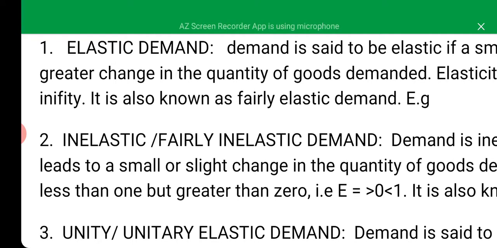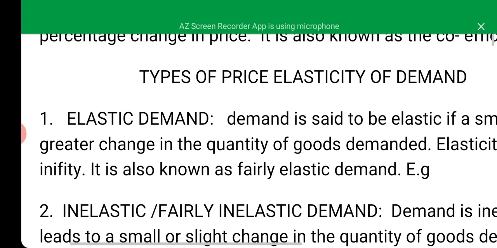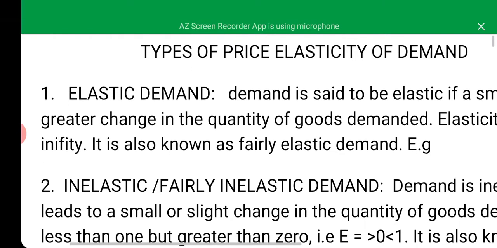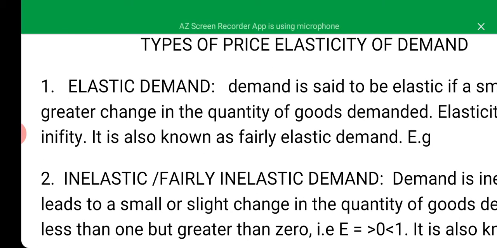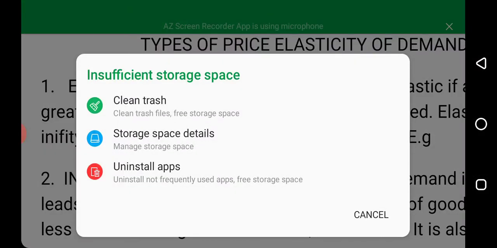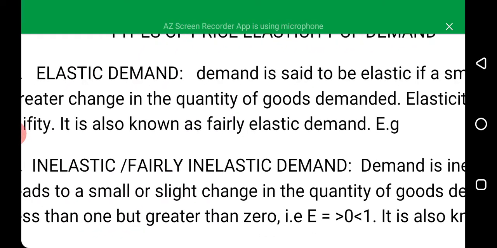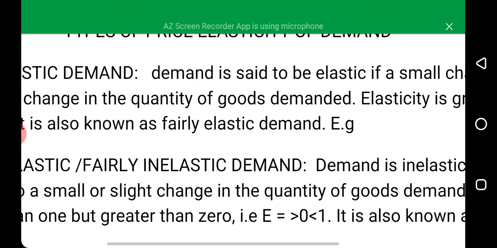So elastic demand can also be referred to as fairly elastic demand. There is a graph to demonstrate this one, and it can better be demonstrated on the board, inshallah. So what we should take note of in each type of price elasticity of demand is their value, so that when we get to the calculation aspect of it, we won't find it difficult.